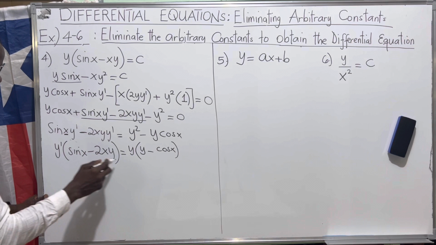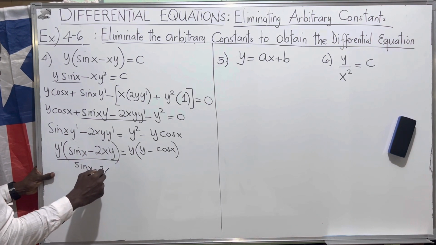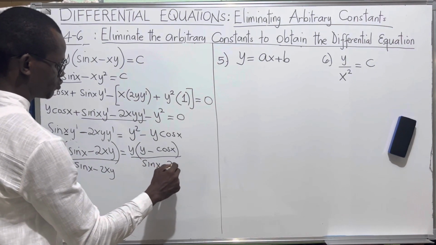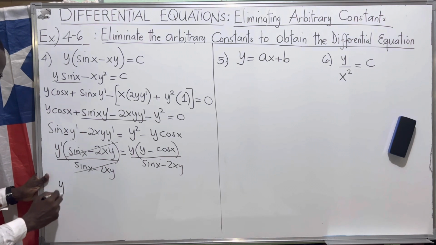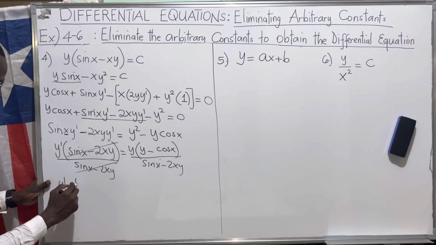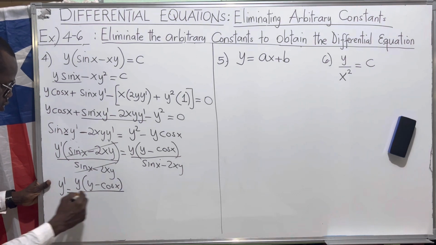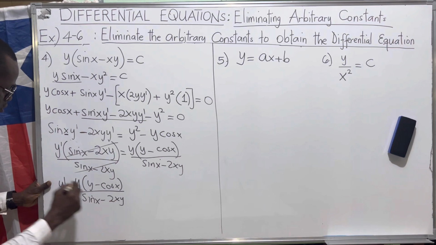So we divide both sides now by sine of x minus 2xy. This cancels this. You have y prime equals y times y minus cos of x all over sine of x minus 2xy.